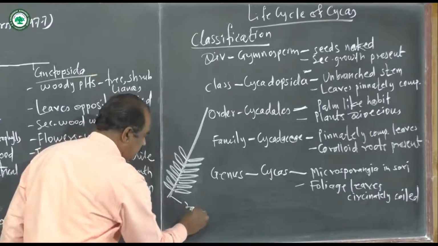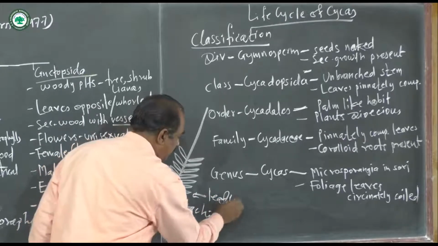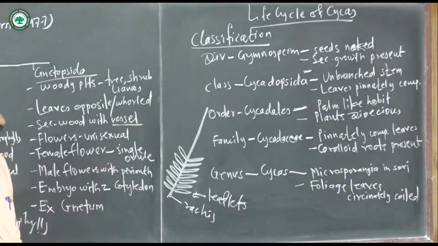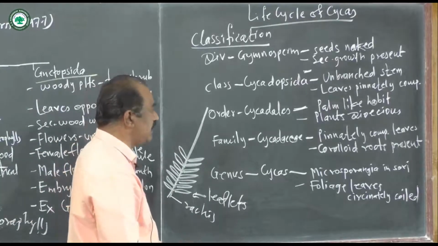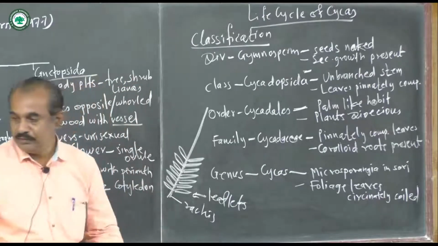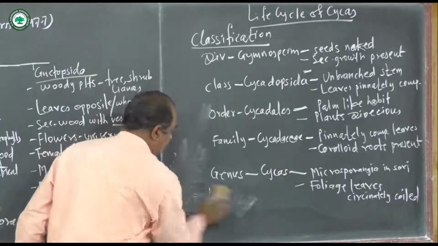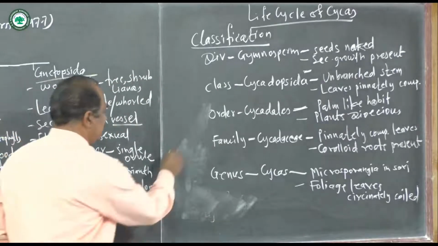So this is the rachis, and these are the pinnae, also called leaflets. That means in Cycas, leaves are compound. Now next character, order Cycadales, palm-like habit or coconut-like habit. That means the stem is unbranched. For example, in Cycas, the stem is unbranched, just like this.